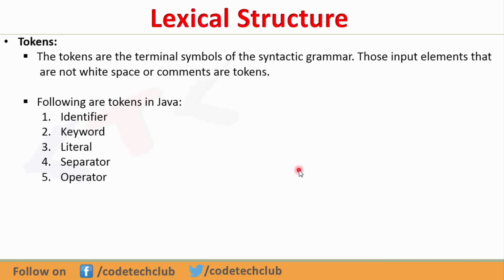And operators, as you know, are arithmetic operators, relational operators, conditional operators and bitwise operators. These all come under operators. I'm going to upload another video for identifiers, keywords and literals, each topic, so just to give an overview, I thought I needed to explain all these things.